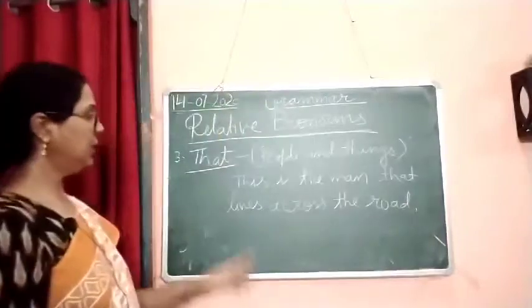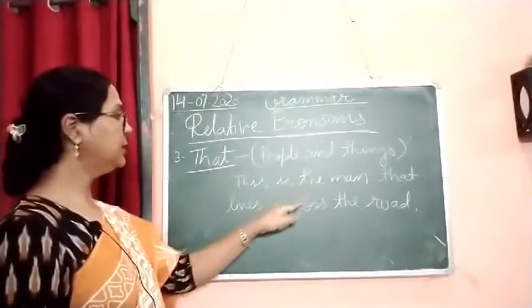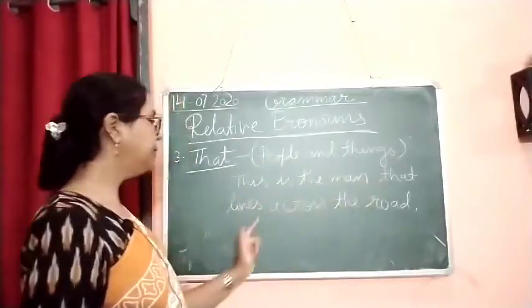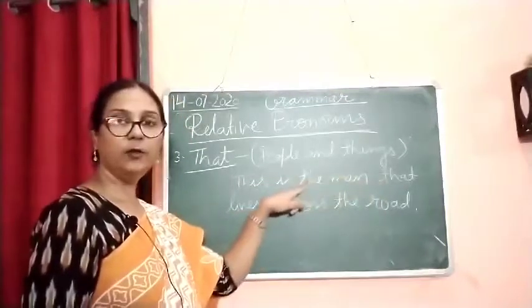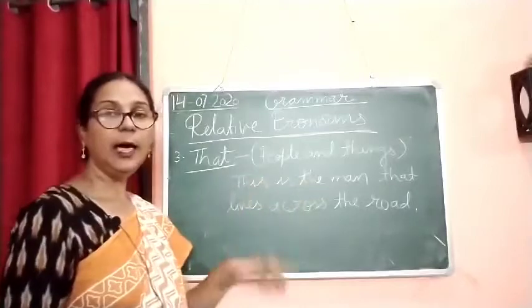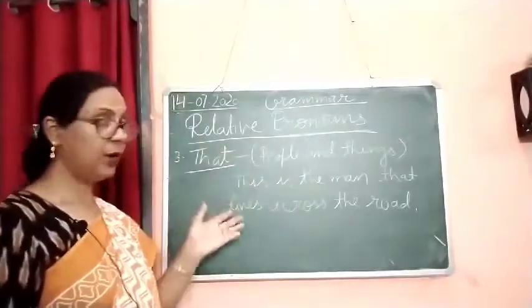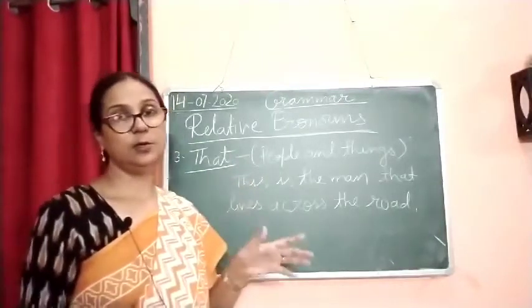Now here you can see that is used over here for the person and the things also. This is the man that lives across the road. So here we are using it for the person. And we can use that in relative pronouns to show the relation for things also.